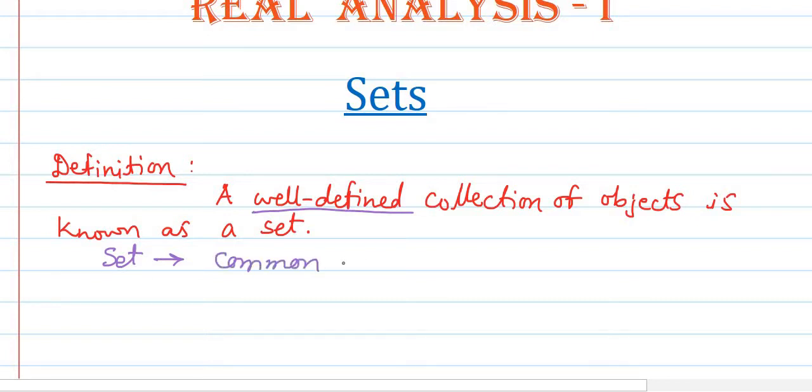They have some common property, whatever that property may be. So most of the time, objects which form a set have some common property in them, and using that property we are able to say whether an object belongs to that set or not.